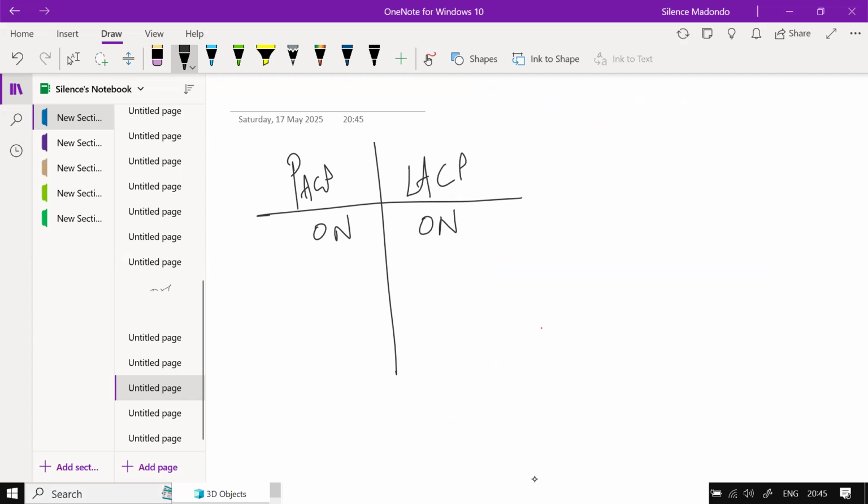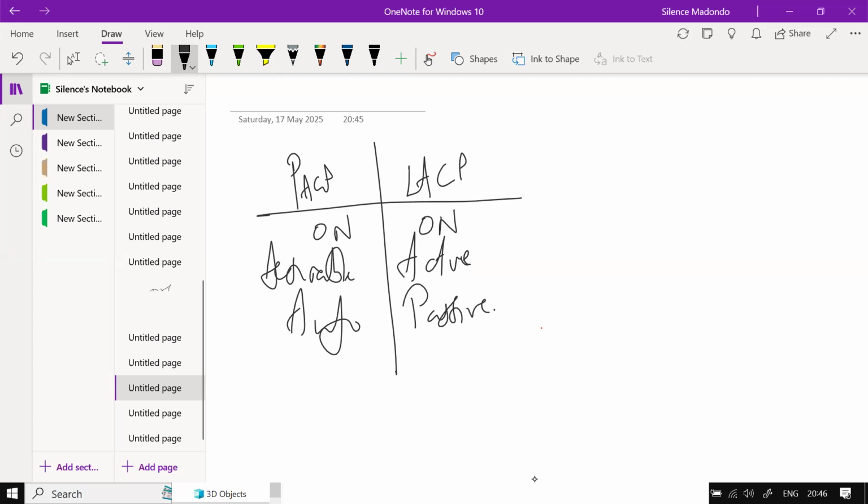What other modes do we have for PAgP and LACP? Desirable, auto. So desirable and auto, and on the other side, active and passive.